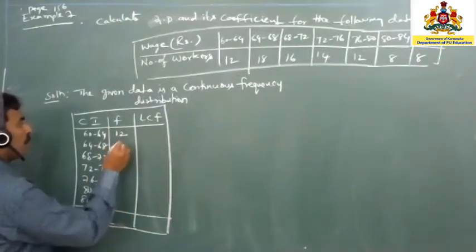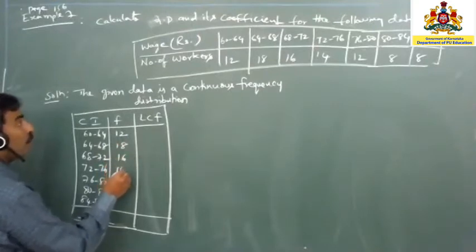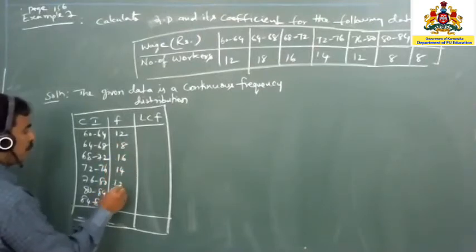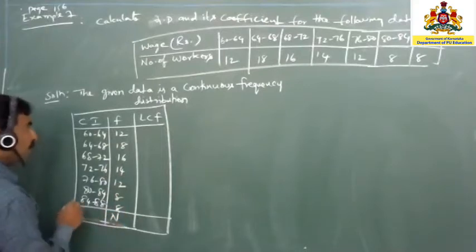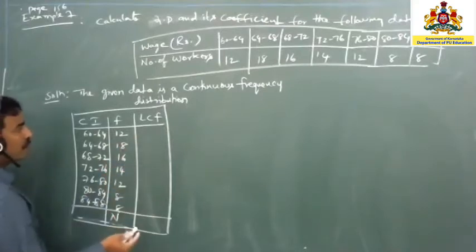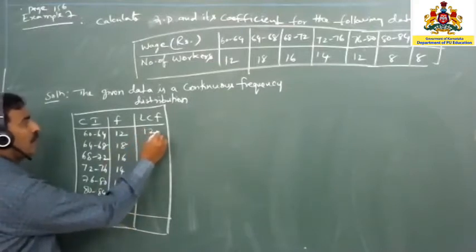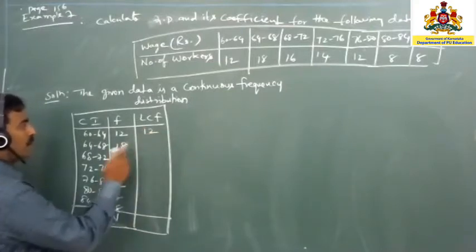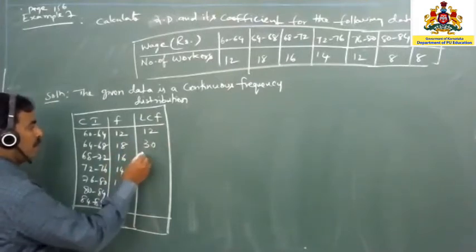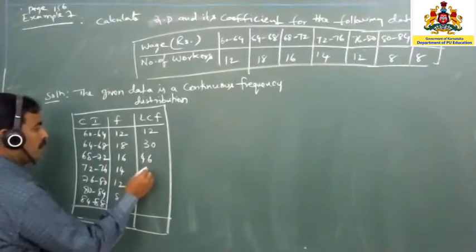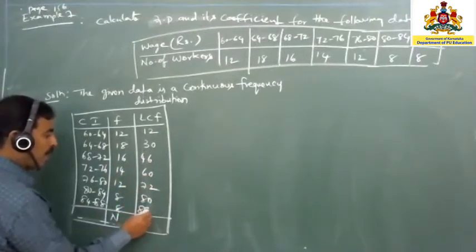Frequencies 12, 18, 16, 14, 12, 8, 8. Total is N. So how to find LCF values? First frequency and first LCF are the same, then 12 plus 18 is 30, then 46, then 60, 72, 80, 88.